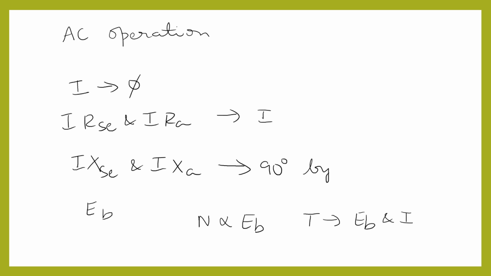And since EB in DC operation is larger than in AC, for the same torque, the speed for DC operation is higher than for AC operation. So we can see that in the speed torque curve for the DC and AC operation.